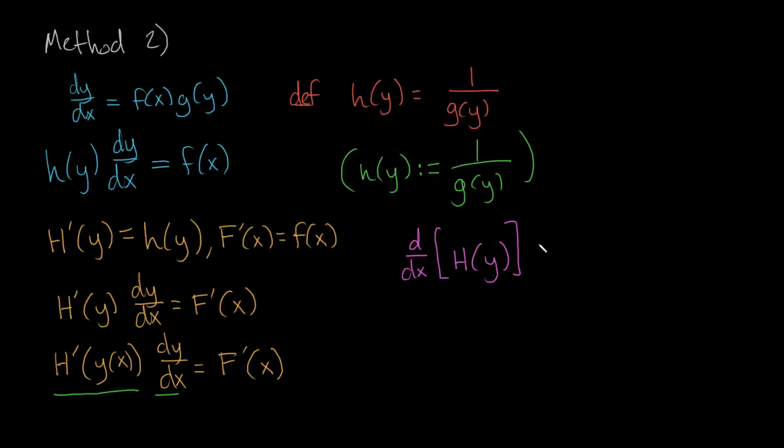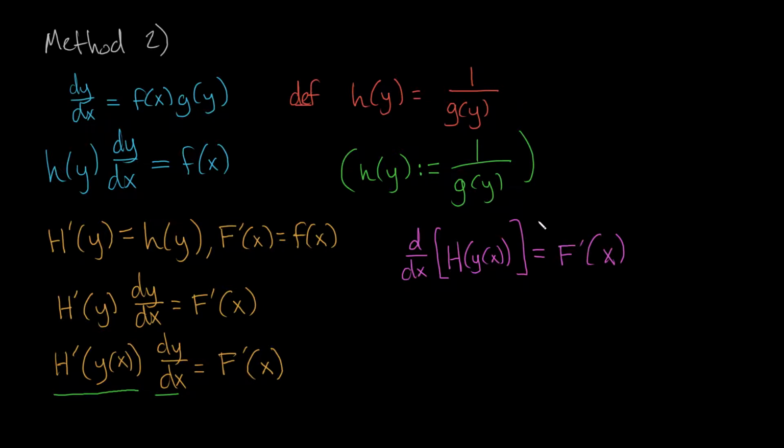That's just the chain rule. And this is going to equal F prime of, not of y, of x. And again, I suppose we could remind ourselves here that this H of y is really a function of x, which is why we're taking the derivative with respect to x. This is H of y of x equaling F prime of x.